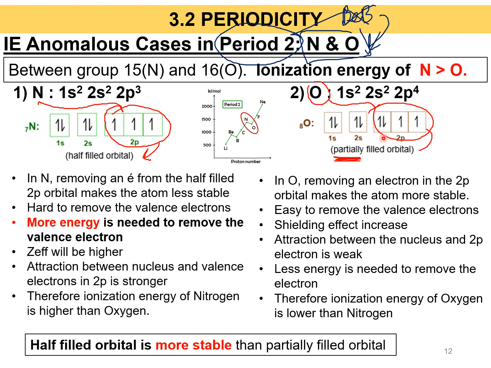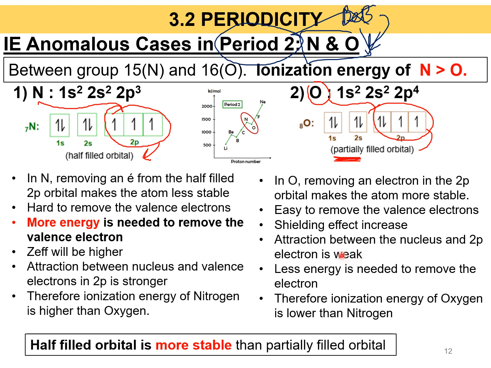That means it is favorable, we really want to remove this one electron so that the atom becomes more stable. When you remove this one electron, the oxygen atom becomes more stable and happy, just like that. So actually it is easy to remove the valence electron in oxygen from a partially filled orbital. Therefore, the shielding effect increases and the attraction between the nucleus and the 2p electron is weak.